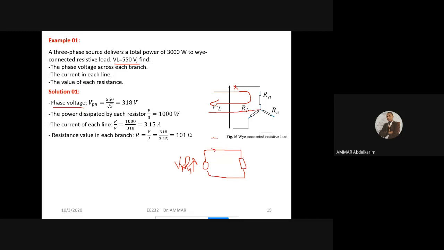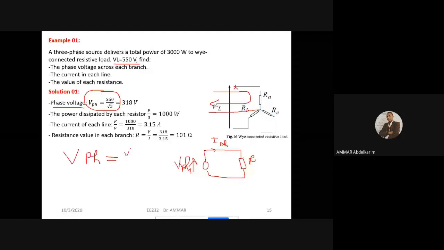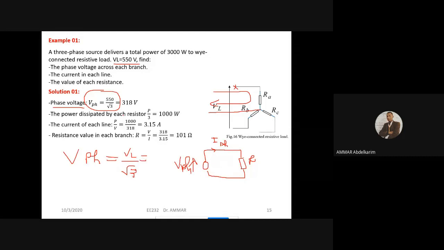The current here is the current of the phase, and this is R. So V phase equals V line over square root of 3, which is 550 over square root of 3, and it's 318 volts.